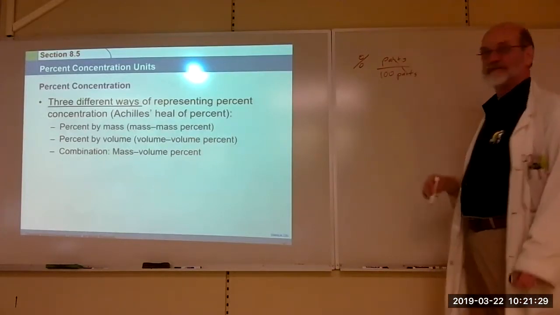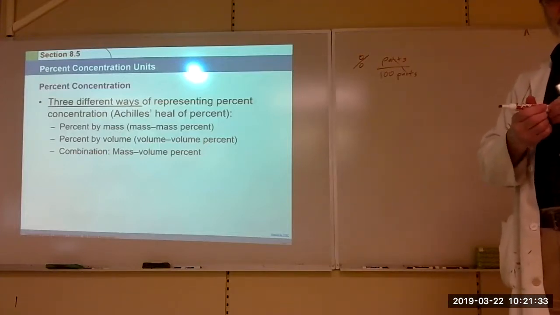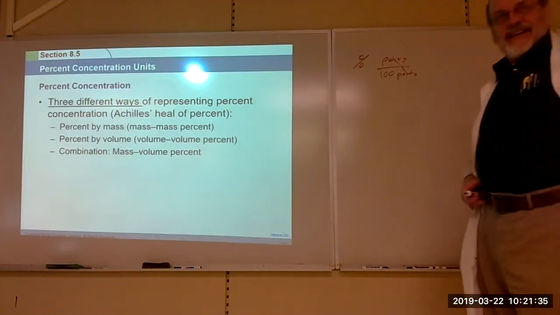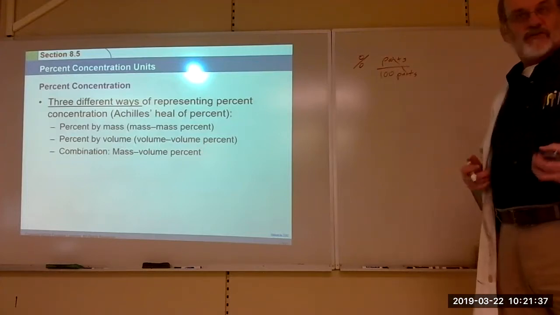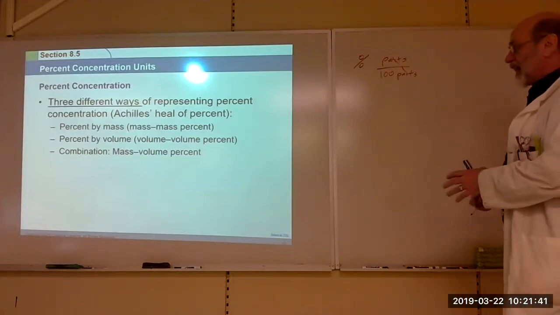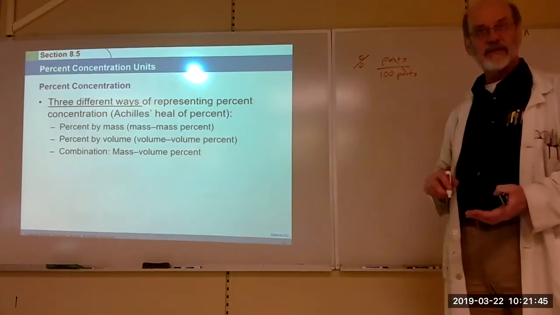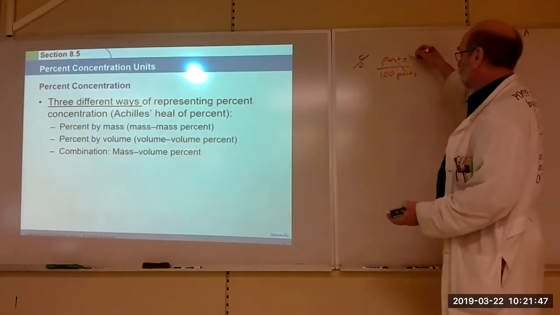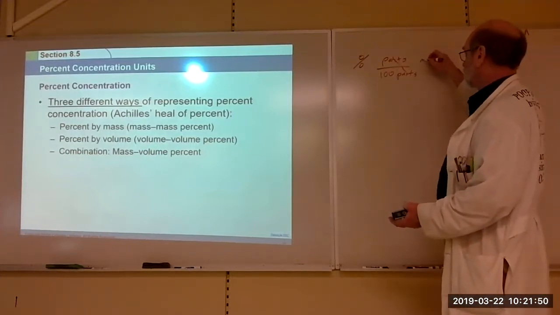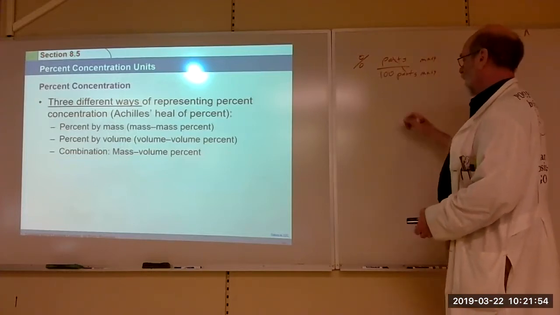Parts cancel. So percent is tricky, we have to use it because it's sort of grandfathered in. So when you talk about percent, you need to specify what type of percent it is. Are these units in mass? And these units in mass?